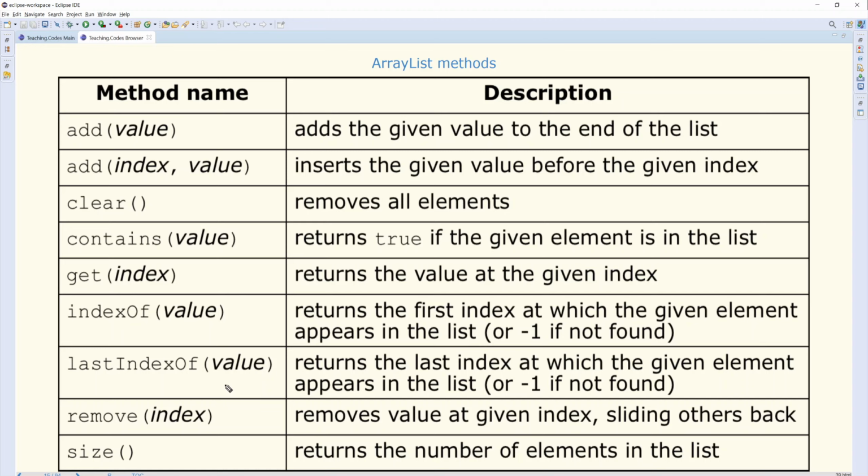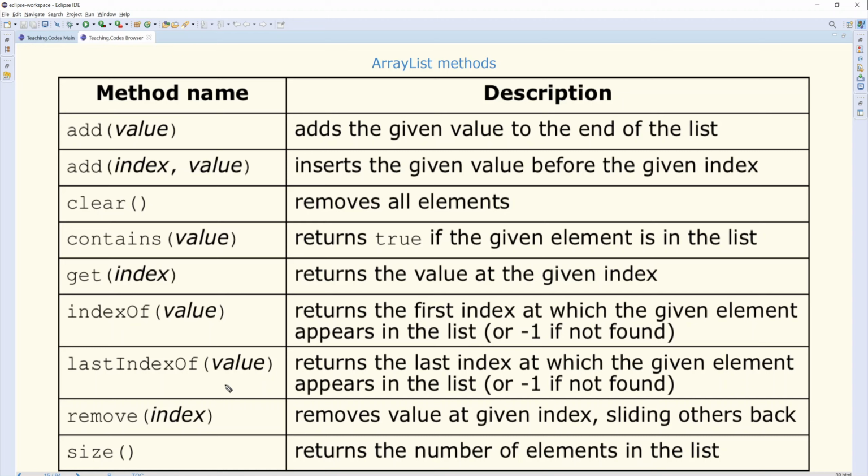returns the index of the last occurrence of that specific element, because in the array list you can have the same element over and over. It could appear several times. For example, you can have two students with the same name and surname in the same class. That's possible.